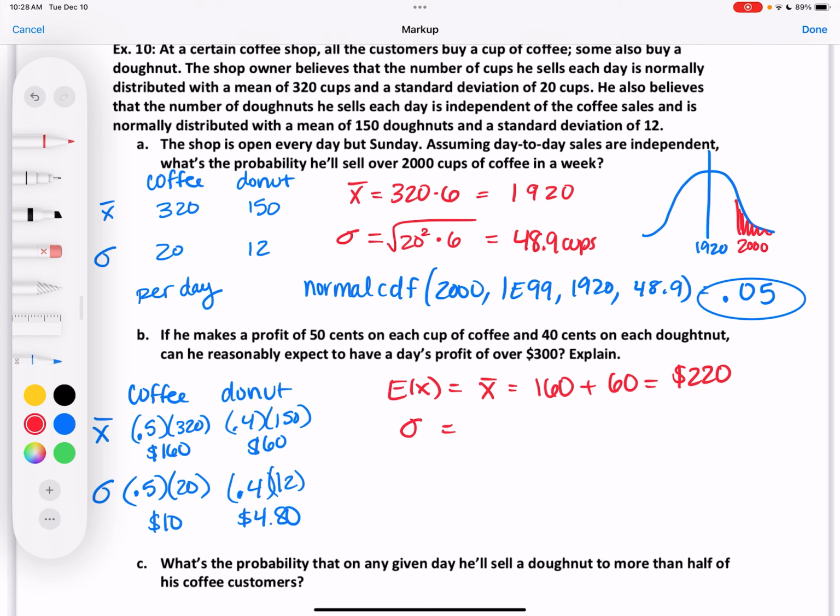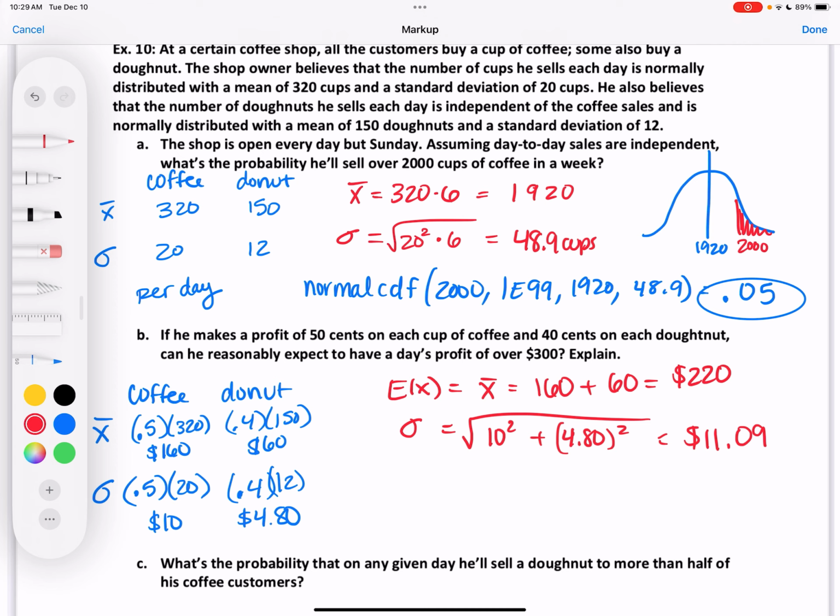Sigma is the square root of 10 squared plus 4.8 squared, which is going to give me $11.09. So basically each day he should expect to make $220 with a standard deviation of $11.09.